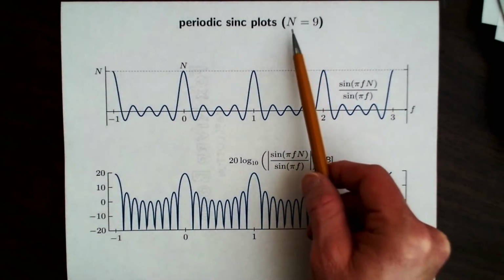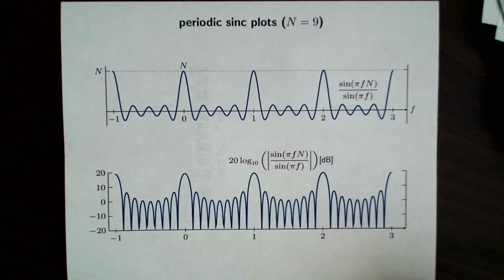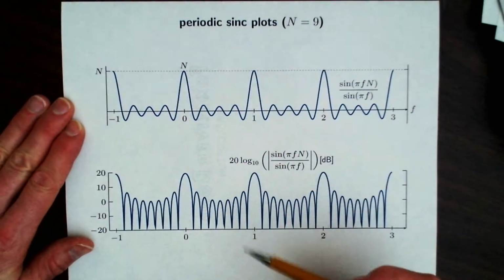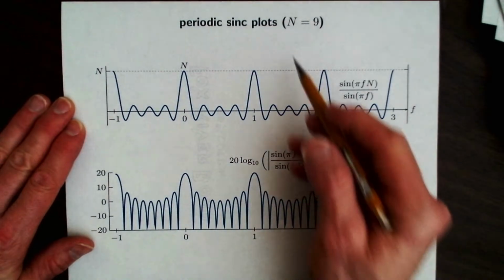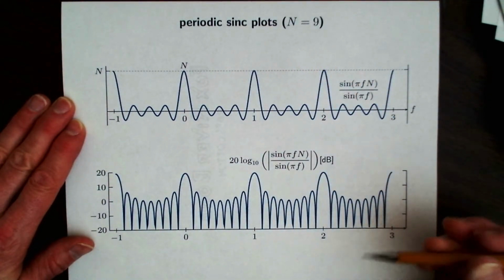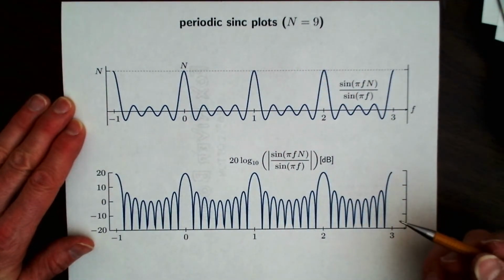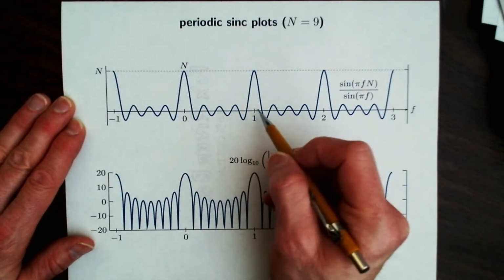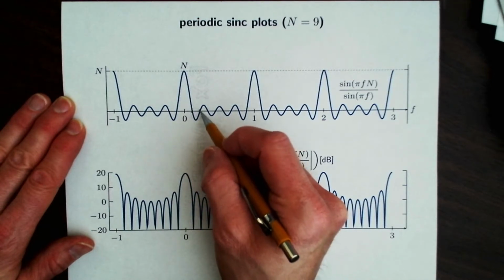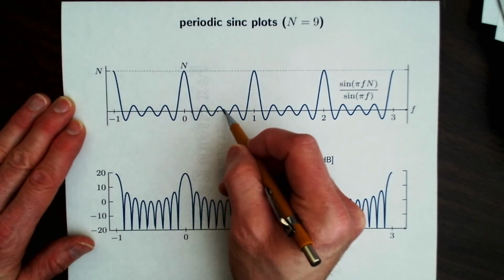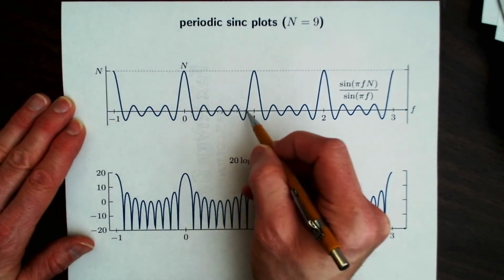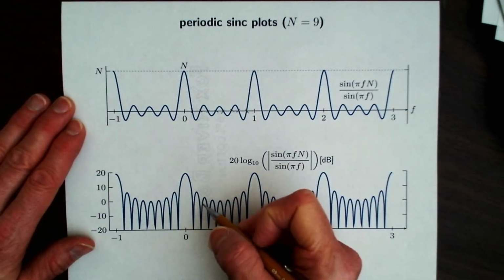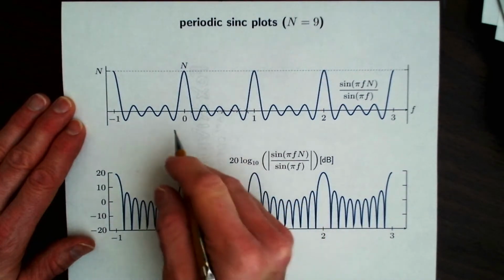I plotted this for the case when n is equal to 9, and it's useful to know how the plot would change if the number n changes. And let me just note that if we count the number of zero crossings in one period, we have 1, 2, 3, 4, 5, 6, 7, 8. In general, you'll have n minus 1 zero crossings in each period.